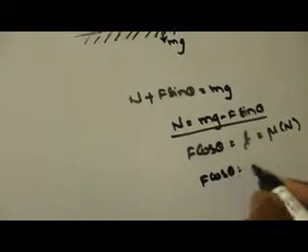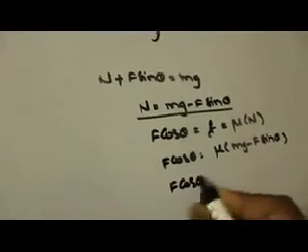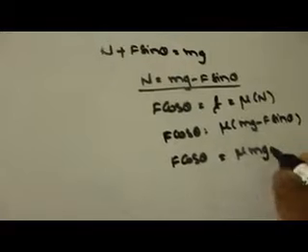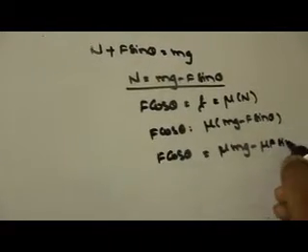And what is in the left direction? It is friction. What is friction? It is nothing but mu into normal reaction, and as we calculated, normal reaction is equal to mg minus F sin theta. If we substitute this here, what will it be? F cos theta is equal to mu into normal reaction, which is mg minus F sin theta, right? From this, what can I write? F cos theta is equal to mu mg minus mu F sin theta, right?